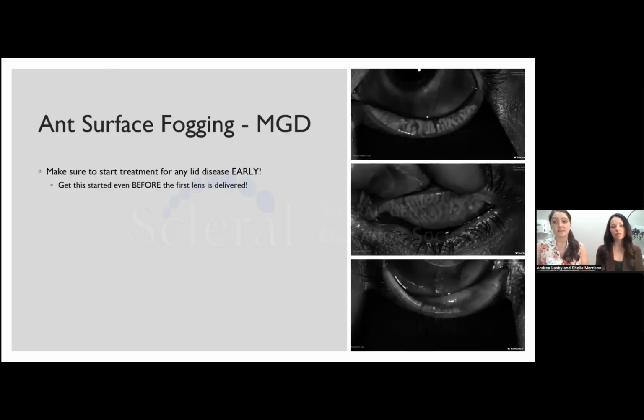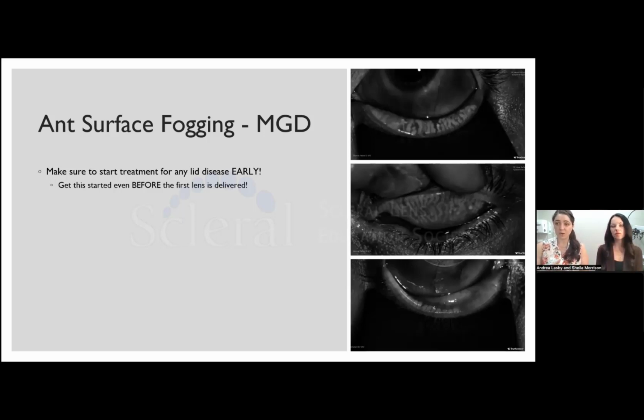One of the things that will really help you, that you won't kick yourself in the butt for later, is when you start a fit and you start to see MGD, and you're seeing that anterior surface non-wetting and starting to see debris and oils in the tear film, start them on a treatment plan at that fitting appointment. Don't wait until a lens comes and see how they do.